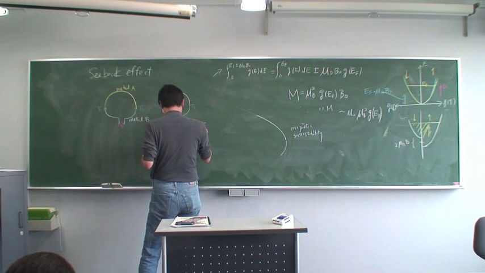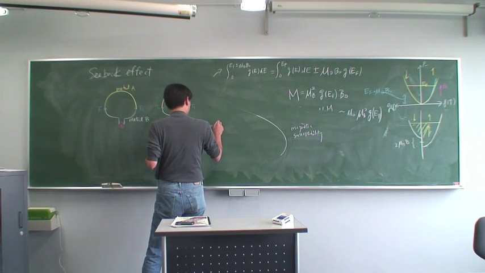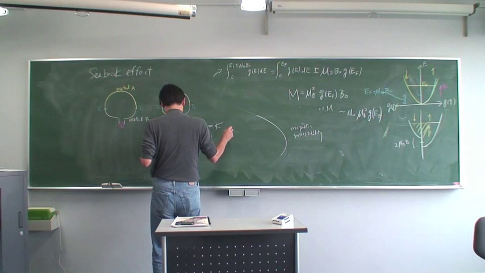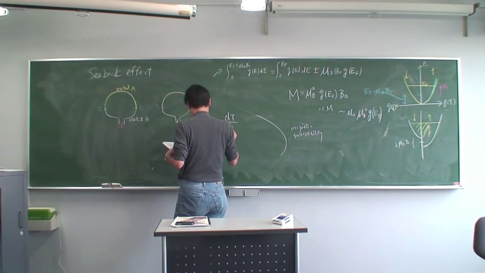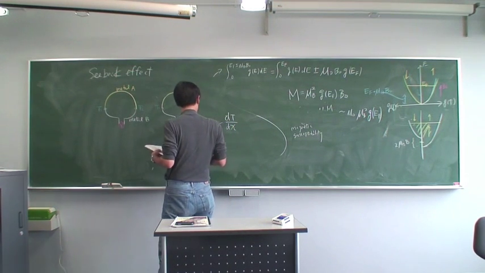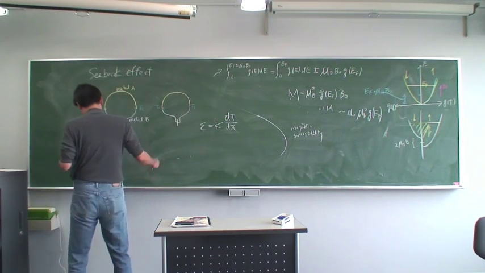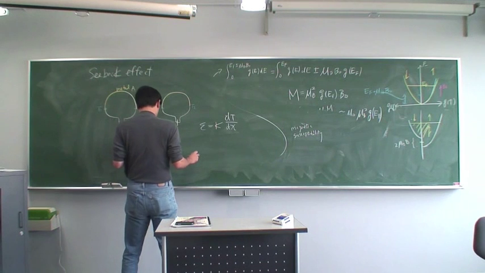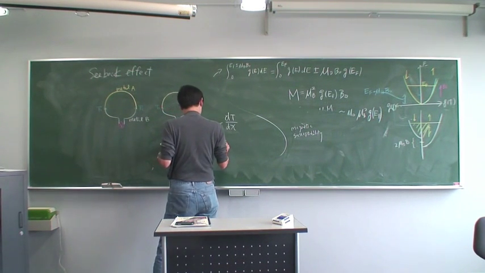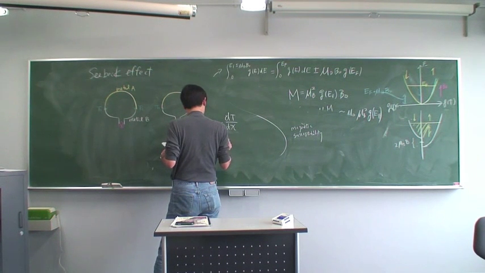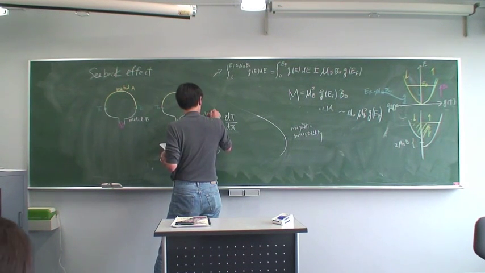And in this case, the electric field induced by change in T is given by something like this, with kappa, and voltage is given by the electric field.